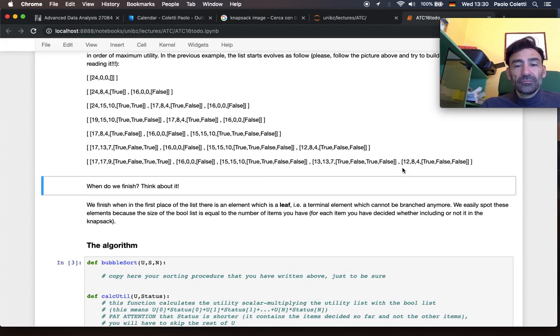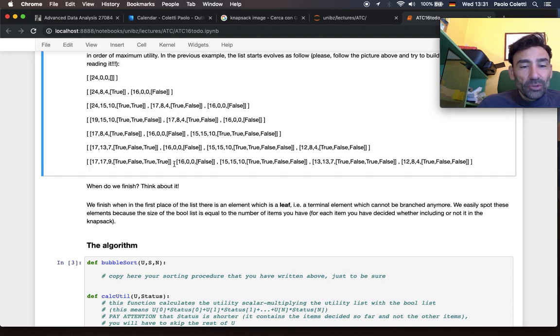Now the issue is, when does the algorithm finish? So the algorithm finishes when the first thing here, which is the most promising thing, is a leaf.